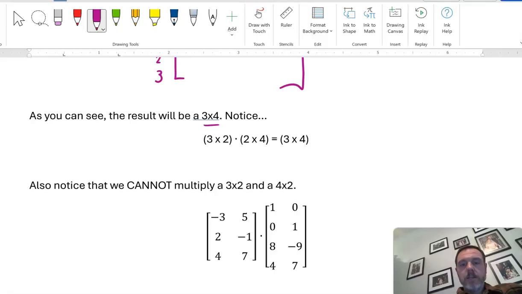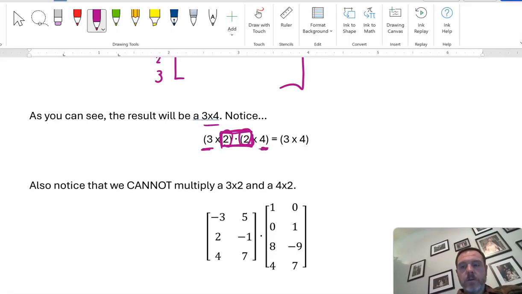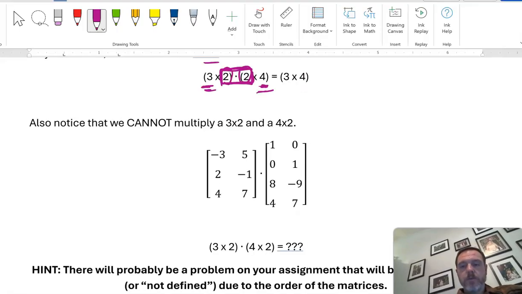Okay, and you notice how the way this plays out, they both have 2's here. The first matrix has a 2 as the columns, and the second matrix has a 2 as the rows. Okay, and you end up with the dimensions on the outside, right? So when I take a 3 by 2 times a 2 by 4, I should expect to end up with a 3 by 4. Even before I do all the multiplication, I could predict that.